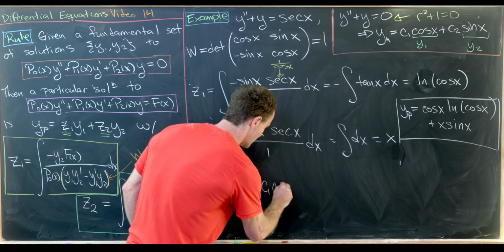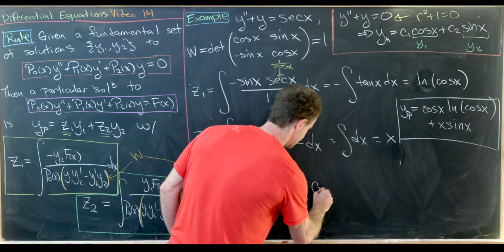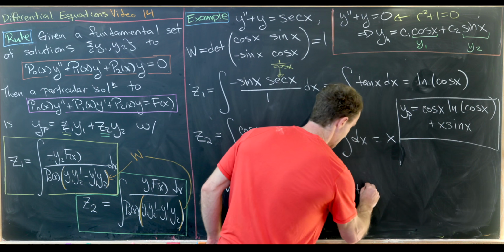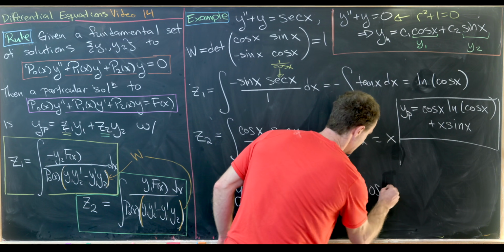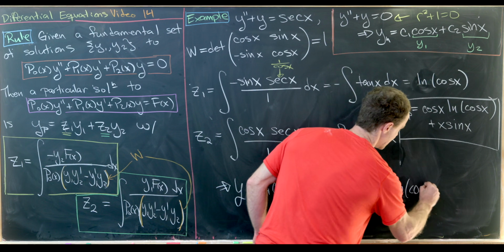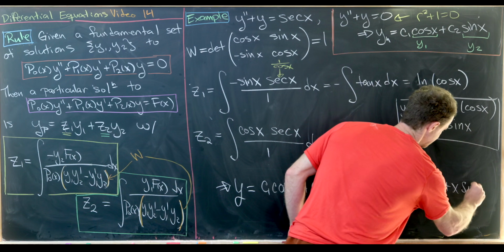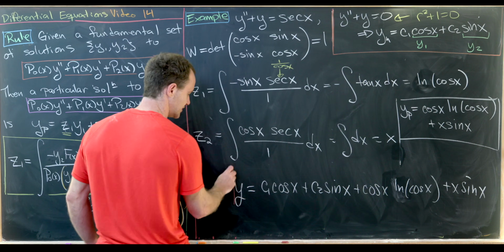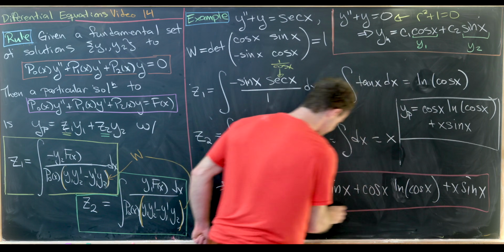So we'd have c1 cos x plus c2 sine x for the homogeneous solution, and then plus cosine of x times the natural log of cosine of x, and then plus x sine x. So that would be our final solution in all its glory.